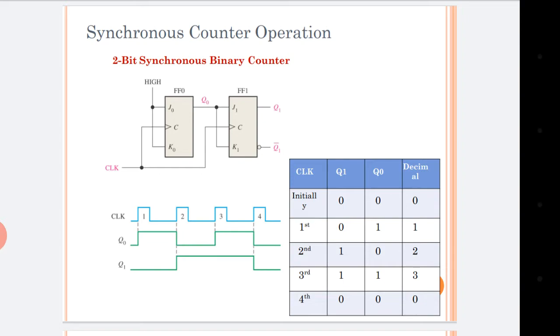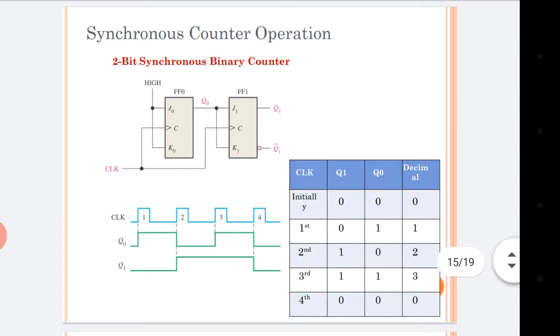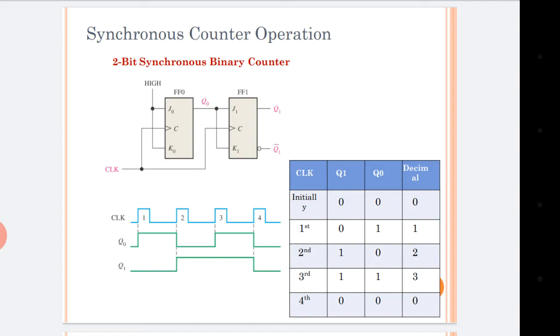The output of the first flip-flop acts as a clock for the next flip-flop, and that's why the disadvantage of the asynchronous counter is that there is a large propagation delay as compared to the synchronous counter.